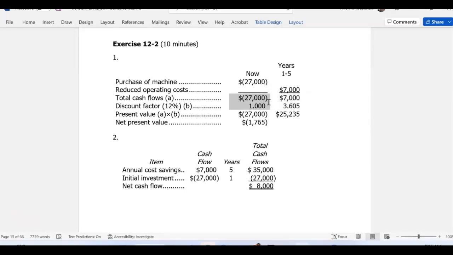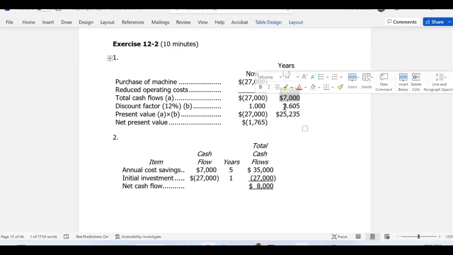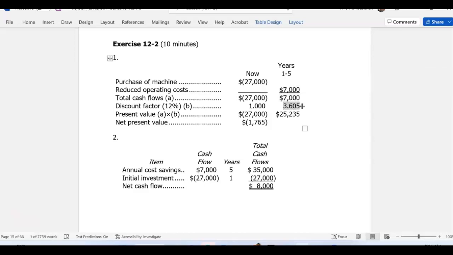We need to spend it right now. If you spend it right now, the factor will be 1. But if you're gonna get $7,000 based on 12% minimum required rate of return, you will get a factor of 3.605.